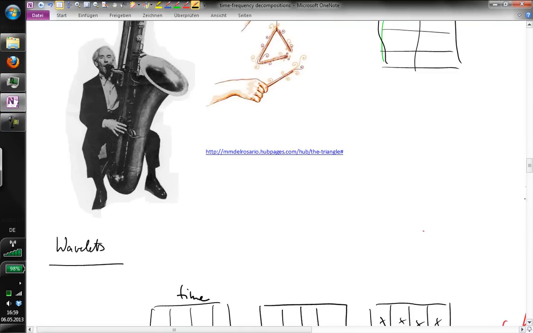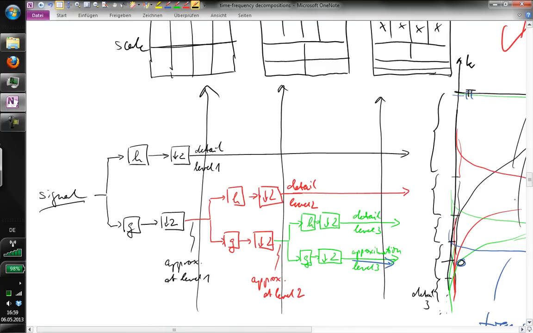So you take your signal and you convolve it with a high pass filter, you convolve it with a low pass filter, and downsample the results by 2. These are detailed instructions which everyone can follow.